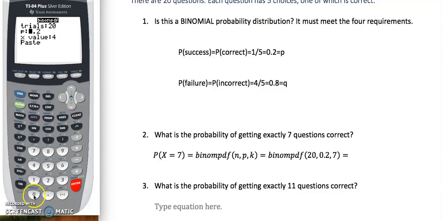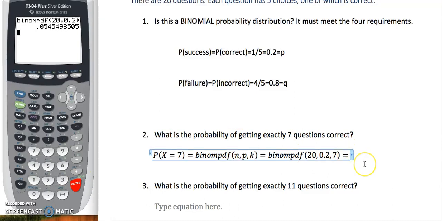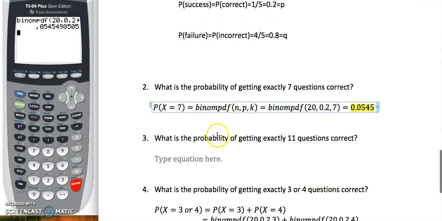Your probability of success in a single trial, 0.2. And our X value is how many questions we want to get correct? Well, exactly 7. Press enter, and enter one more time. You end up with about a 5% chance that this occurs, so 0.0545, rounding to 4 decimal places. So that's the correct answer for this question.